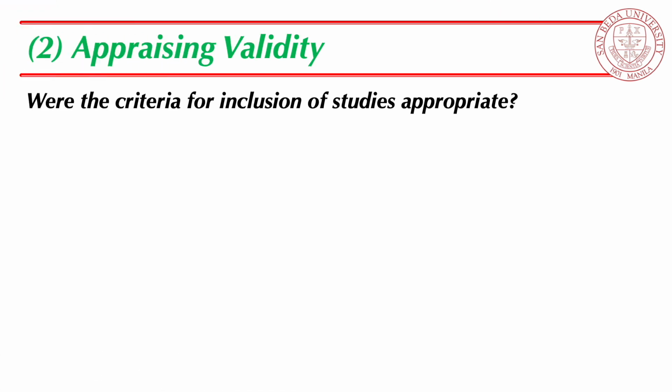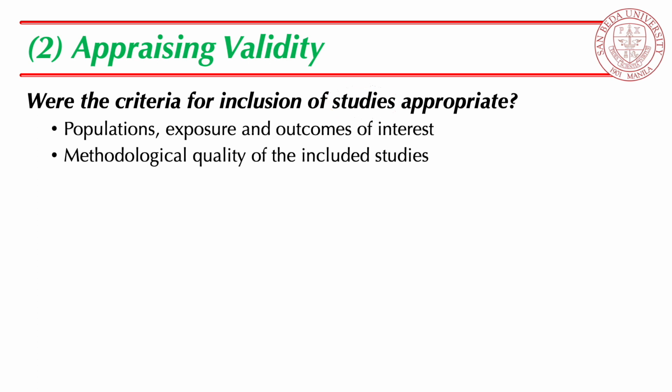Up until now, you notice that the criteria for inclusion or exclusion have been focused on individual patients. With systematic reviews and meta-analyses, though, we describe criteria for inclusion or exclusion of individual studies. These criteria usually include the methodological quality of the studies to be included, as well as the populations, exposures, and outcomes of interest.